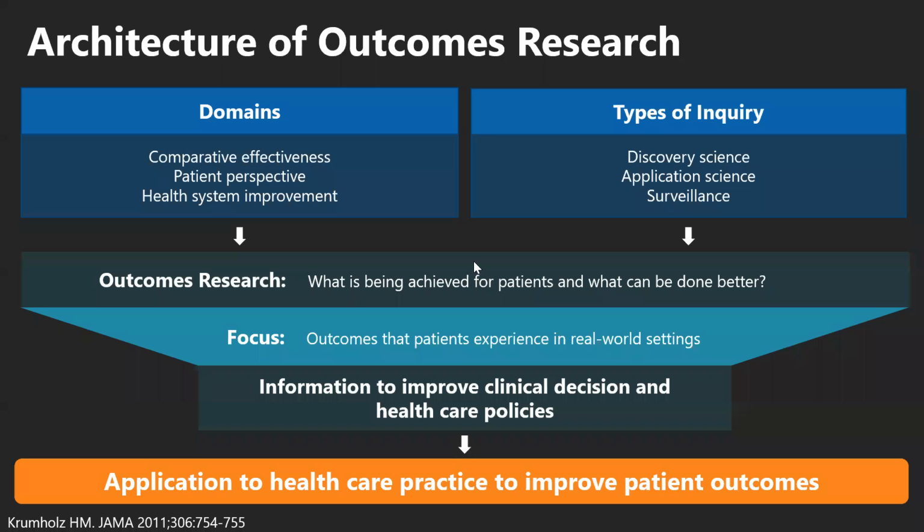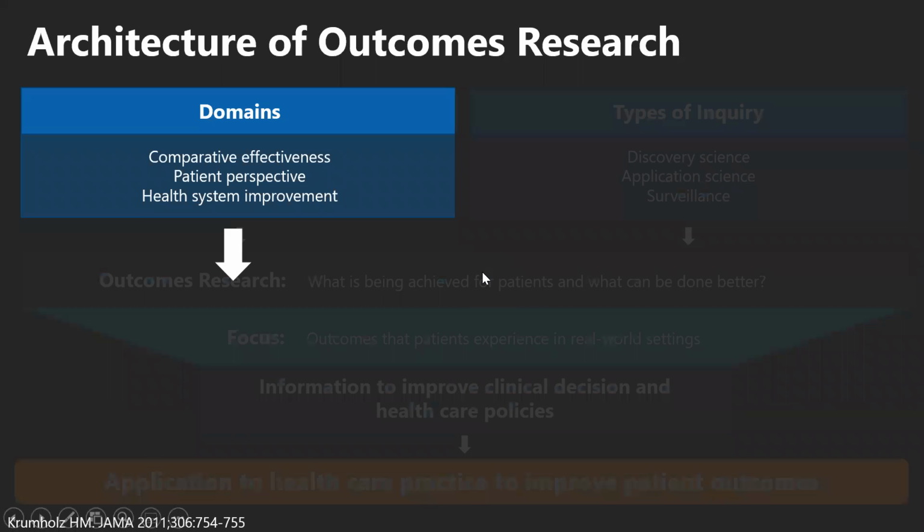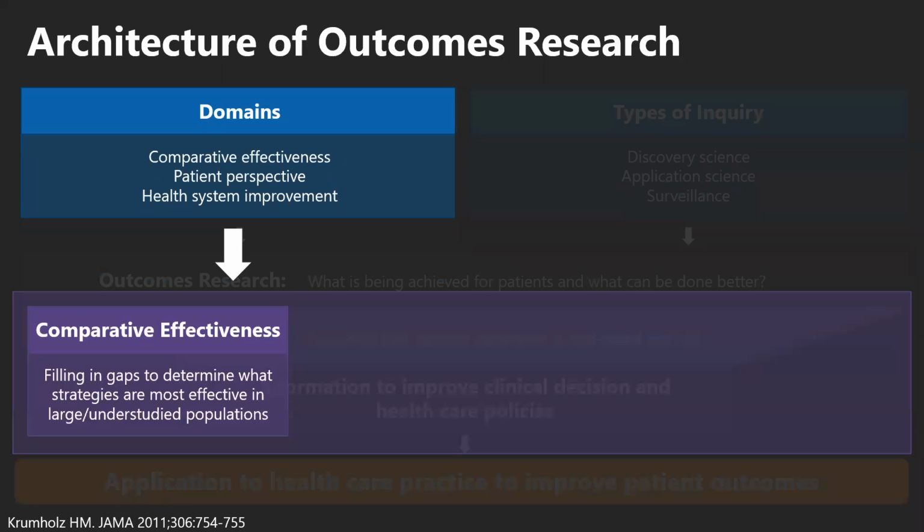I think there are different domains. The research that we do tends to be comparative effectiveness, with the patient perspective, as well as health system improvement. In terms of comparative effectiveness, the aim is not to replicate randomized trials, but to fill in the gaps and determine what strategies are most effective in large and understudied populations.